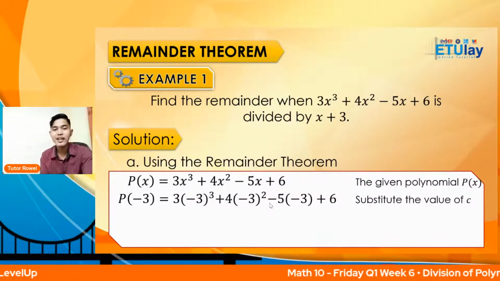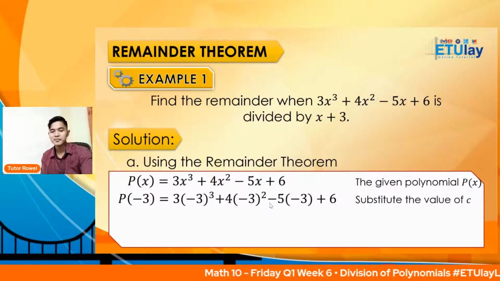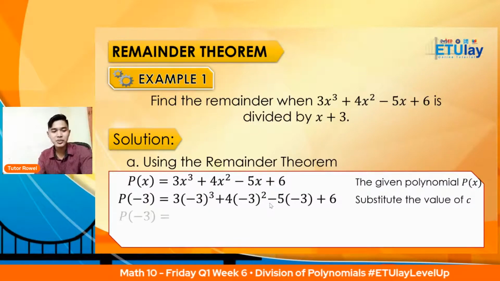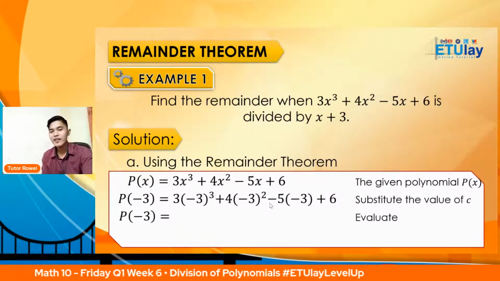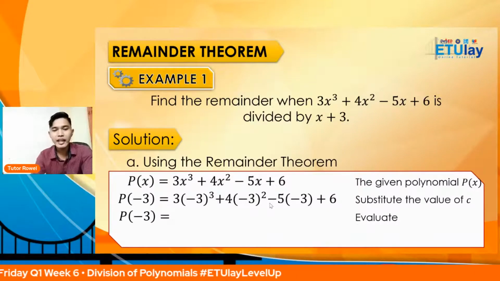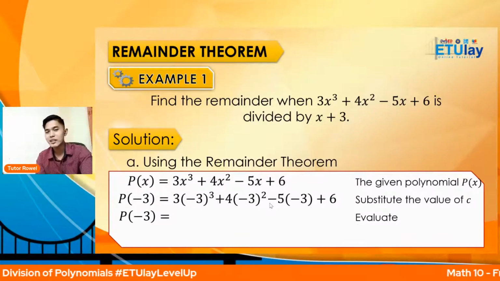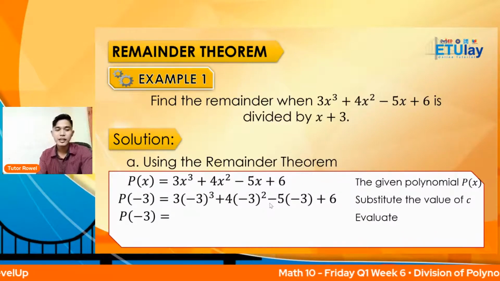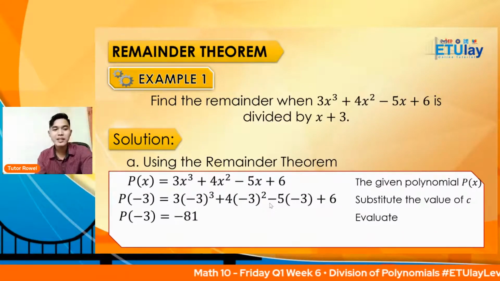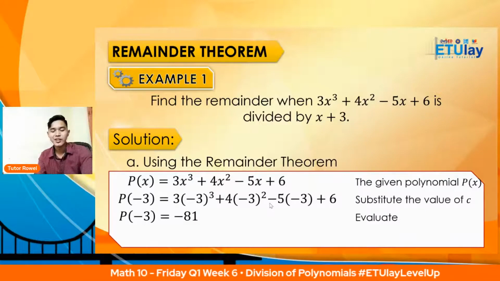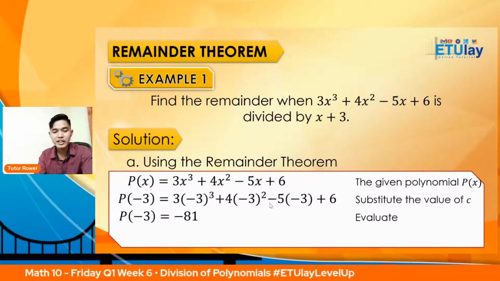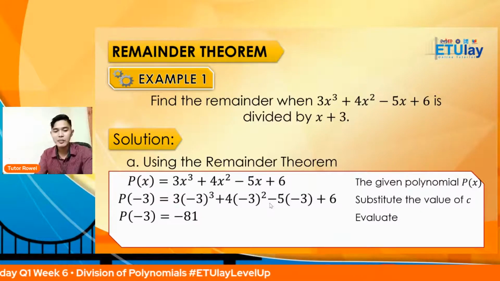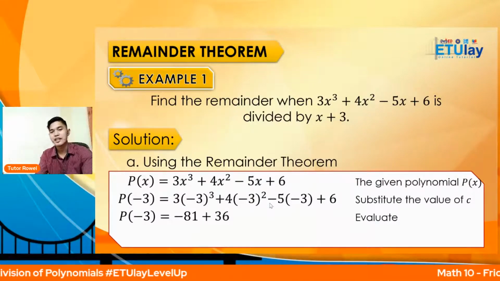Ulitin ko, ang ginawa natin, nag-substitute lang po tayo. Now, after i-substitute, simplify or evaluate. Negative 3 cubed, so negative 3 times negative 3 is 9, times negative 3, negative 27, times 3, that is negative 81. Yung sunod naman, 4 times negative 3 squared, pag in-evaluate yan, magiging yan 36.